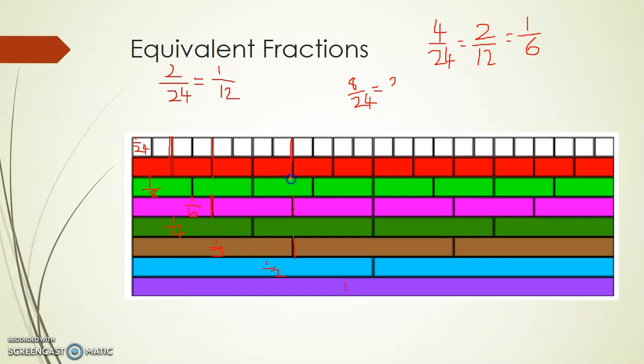Here it coincides. So it is 4 by 12 is equal to, it coincides here. Same fraction 2 by 6. 2 by 6 is equal to 1 by 3.